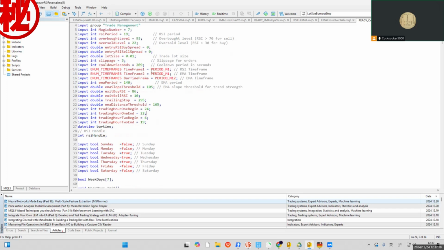You use the 12 minute bar, and you use 1 minute to detect the RSI. The logic is that when it reaches overbought or oversold, you enter the trade.